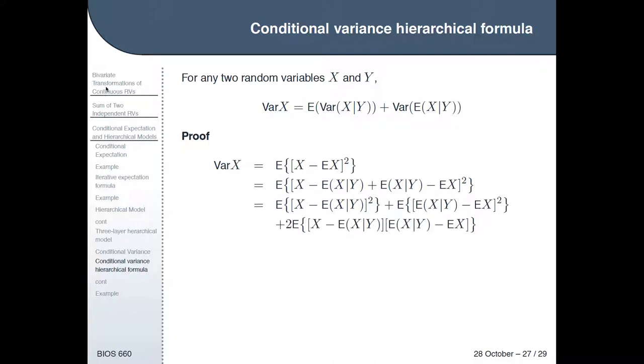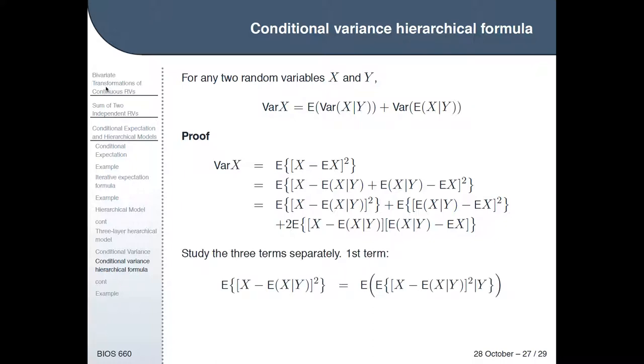And so then you square that and simplify the algebra, and you end up with three different pieces. That first piece is x minus e of x given y, squared, plus the expected value of e of x given y minus e of x, squared, plus this last piece down at the bottom, 2 times x minus e of x given y times e of x given y minus e of x.